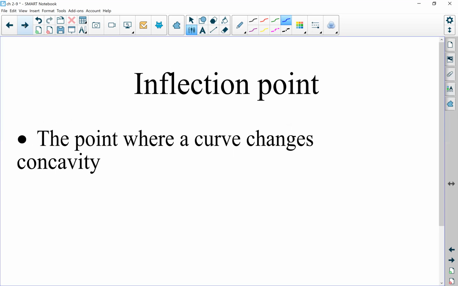Inflection point. This is just a point where the concavity changes. Anyone want to take a guess? What is the second derivative going to be at a point of inflection?